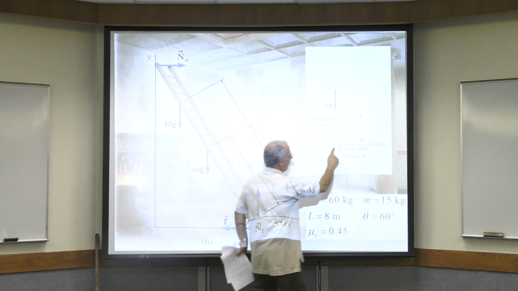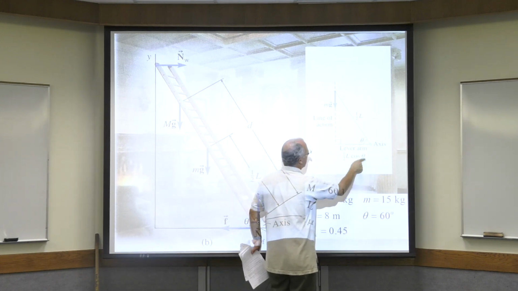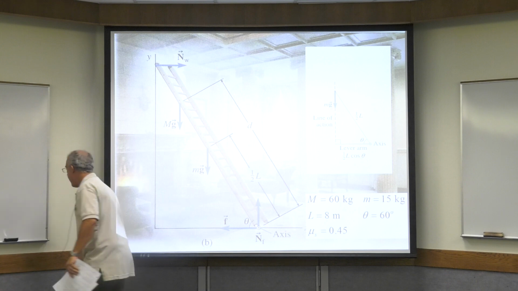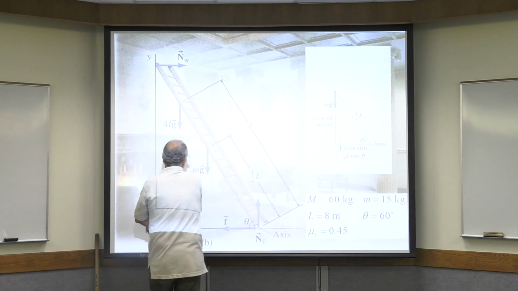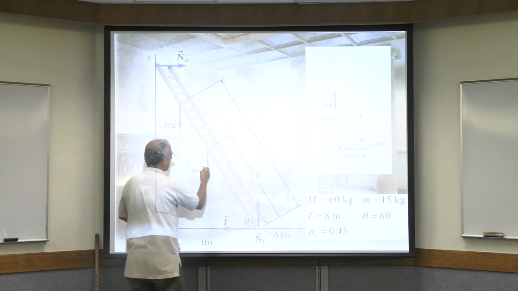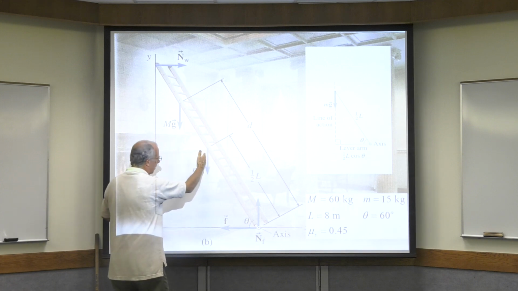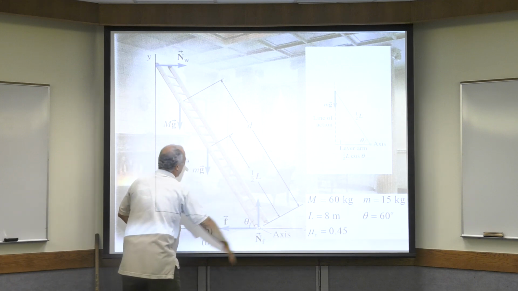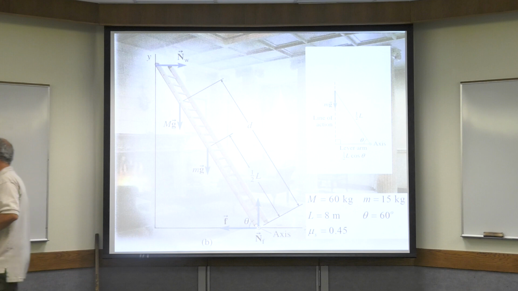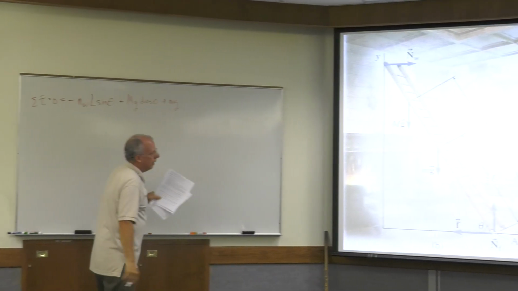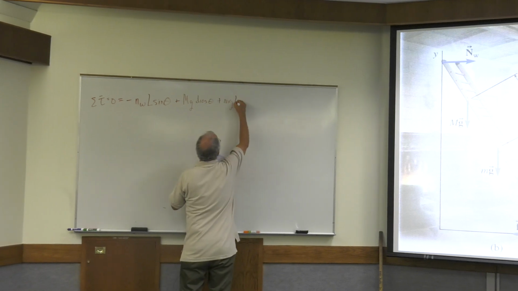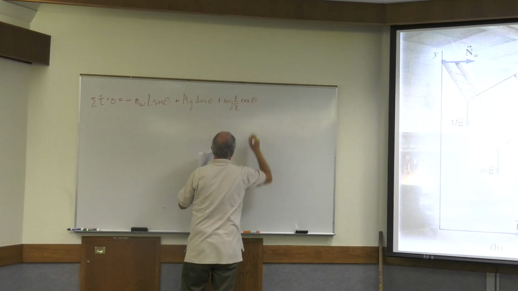The lever arm is L over 2 cosine theta. Ignore the wall, ignore everything except for this and this. How does it make the ladder rotate? Counterclockwise, so it's plus. So it's plus little m g times L over 2 cos theta.